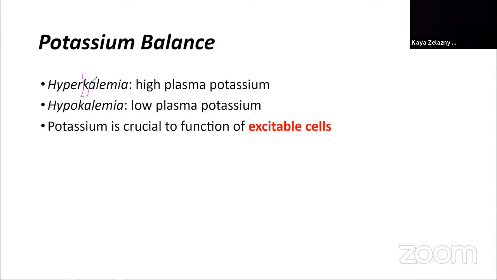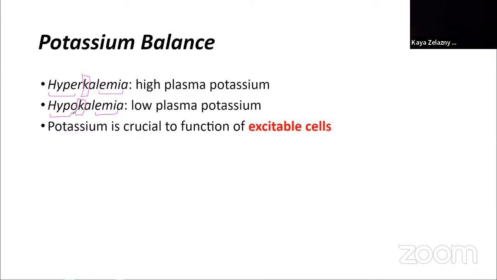So hyperkalemia and hypokalemia are basically things you could notice in the blood that are indicative of kidney problems. So look for the K in the middle to tell you we're talking about potassium, the emia part to tell you we're talking about blood, and then the hyper and hypo to tell you we're talking about high and low.